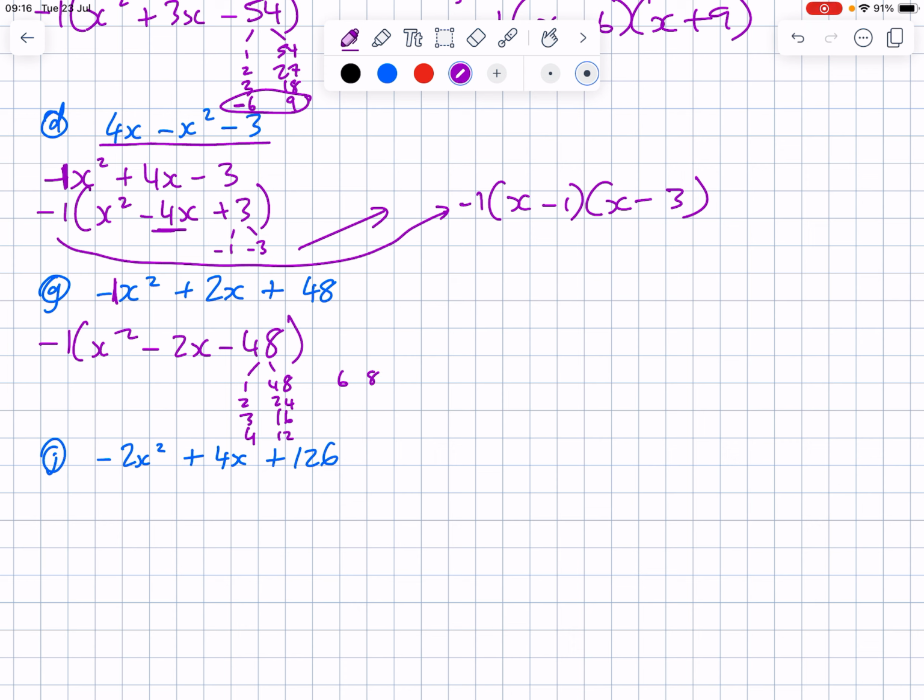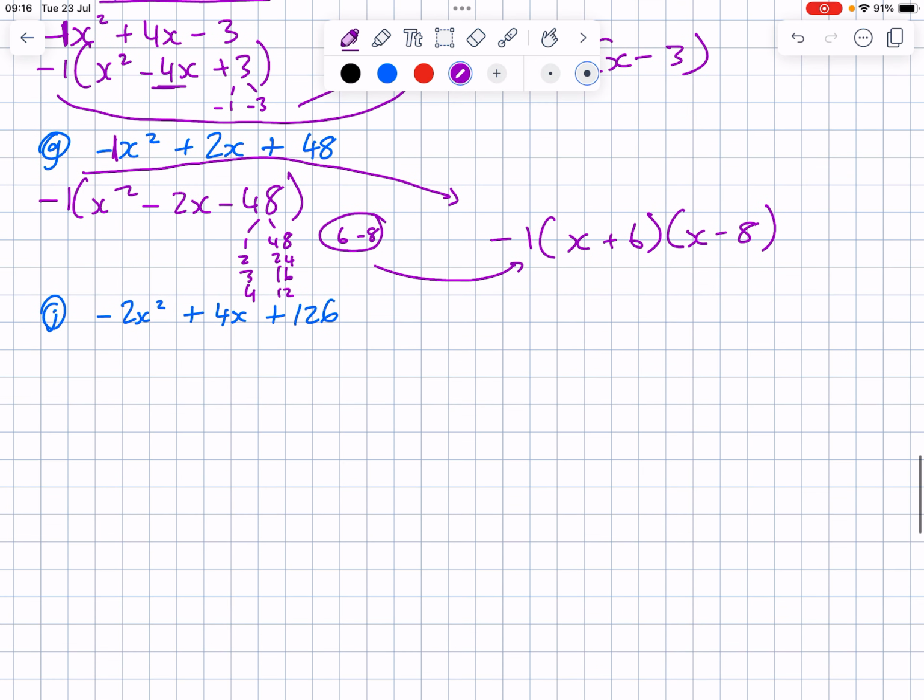And I can get negative 2 with 6 and 8. If I go 6 take 8, it'll be negative 2. So that's my A and my B. So that factorizes to x plus 6, x take 8, and the common factor removed at the start was negative 1.